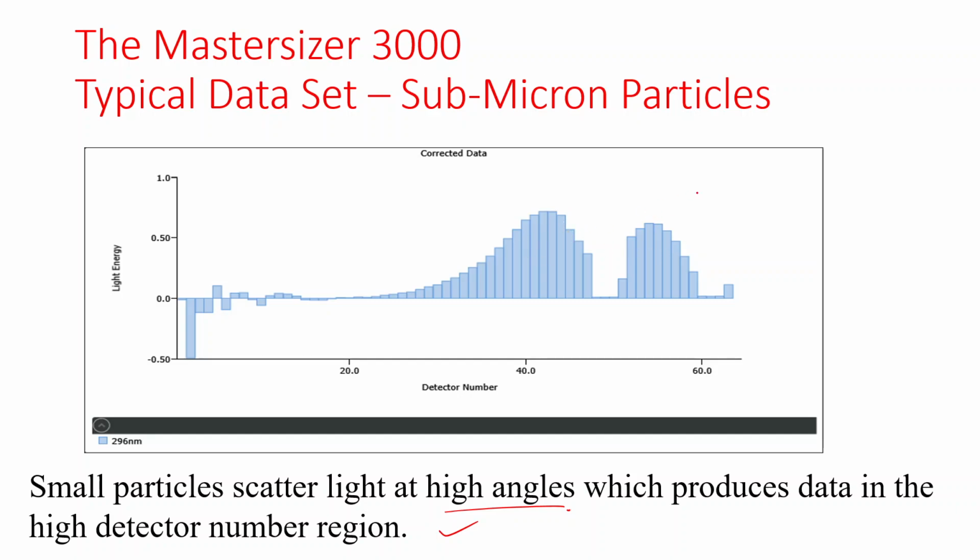This is the smaller particles, and this is the larger particles, because larger particles scatter light to a lower angle and are detected by the lower detector number region, whereas small particles scatter light to a greater angle, which is detected by the larger detector number region.